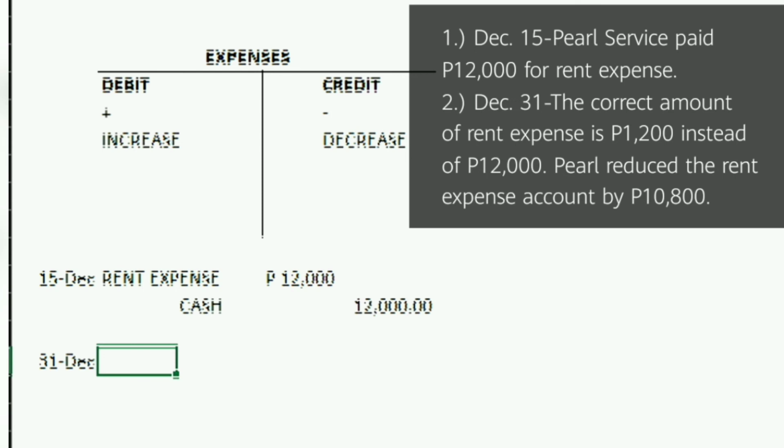So, instead na 1,200, yung na-record is 12,000. So, sobra siya ng 10,800. Ang mangyayari, babawasan lang natin yung rent expense na ni-record natin. Gayon din ang cash. So, mali.